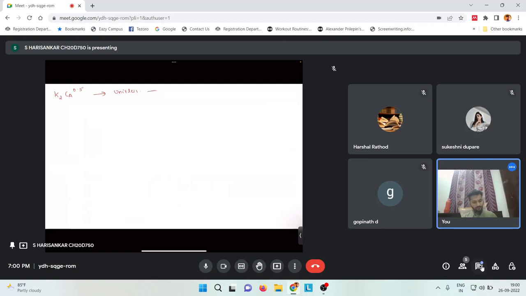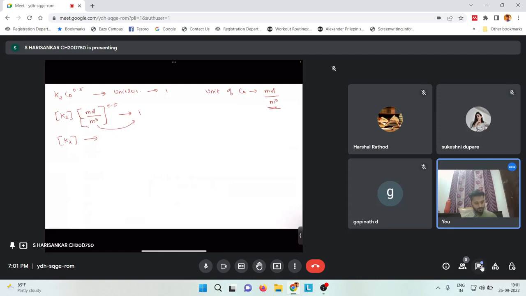Let's say this is 1. So we have the unit of Ca. Unit of Ca is basically mole per meter cube, right? So unit of K2 into mole per meter cube, the whole raised to 0.5 is basically unitless, or let's say 1. So that means unit of K2. So what we can do is we can take this mole per meter cube term this side.